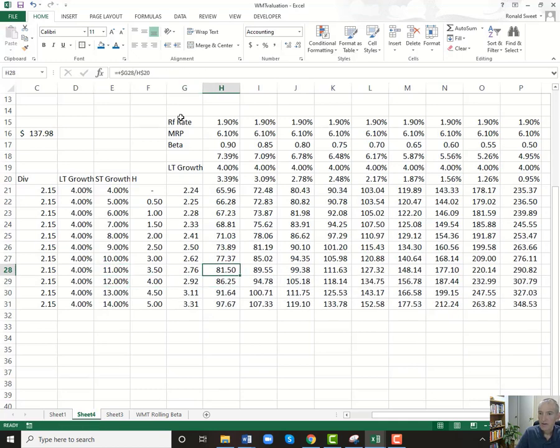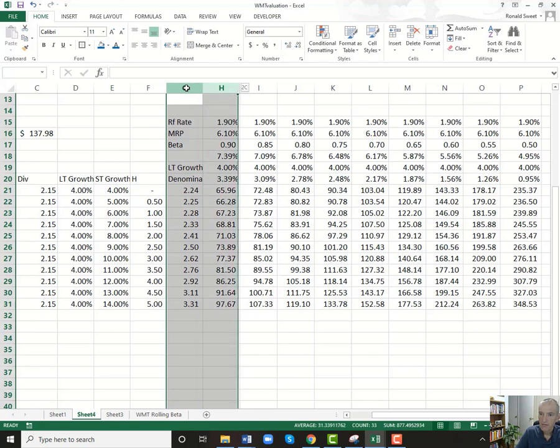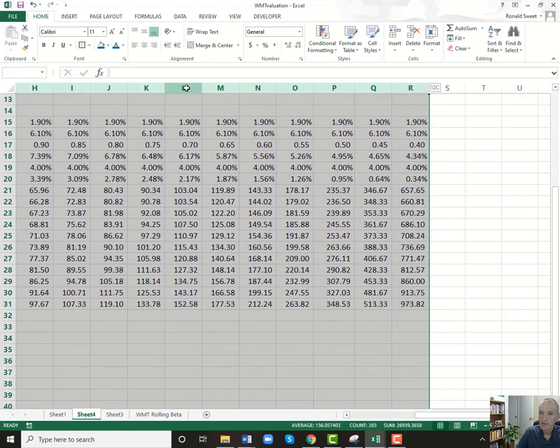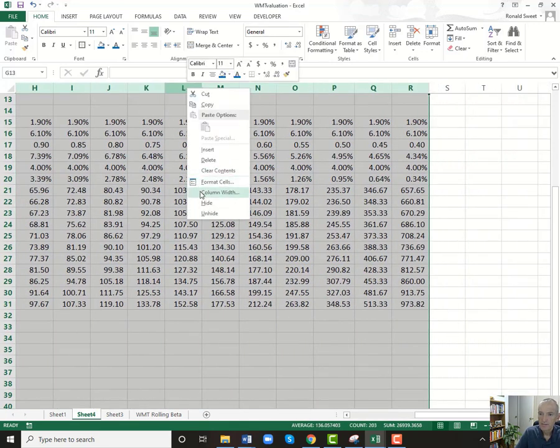And so what this is right here is my denominator. So if you think about the denominator, let me widen out these cells a little bit so it's a little easier to see.